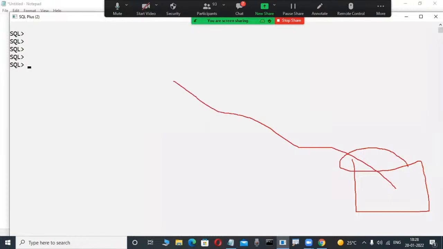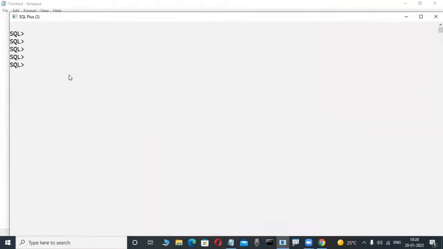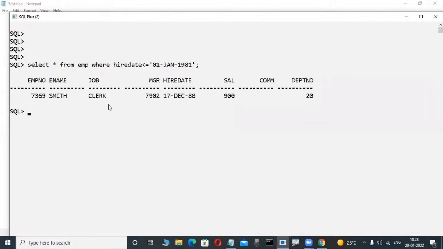How do they fetch this data? They write queries. These are called queries. Select star from table name where hire date is less than or equal to 1st January 1981, like this. They just write the query, and automatically the data is displayed.